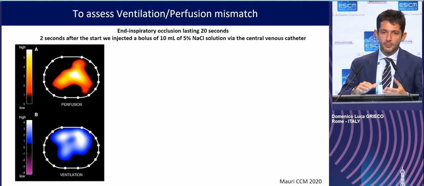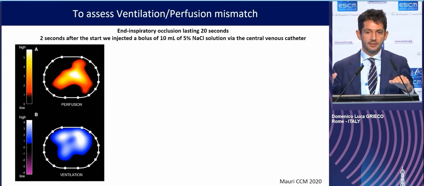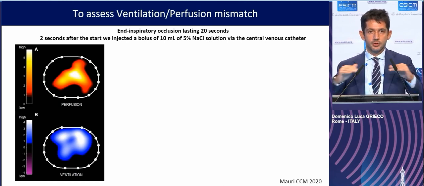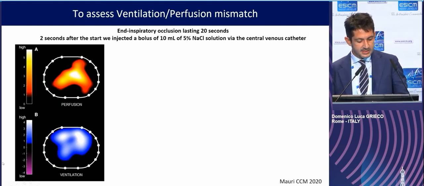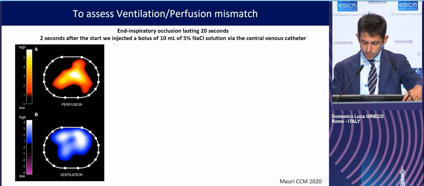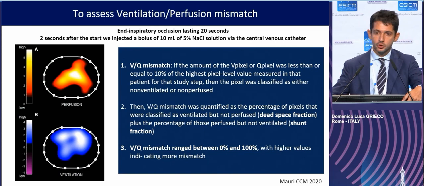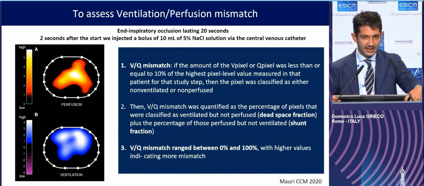If you perform an end-inspiratory occlusion, so you remove all the role related to ventilation, so you keep the patient apneic during an end-inspiratory hold, and you provide a bolus of saline solution of 10 milliliters, this is a hypertonic saline solution, you will see changes related to the perfusion of the lungs.